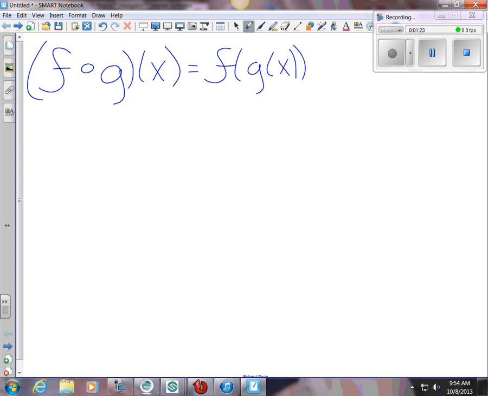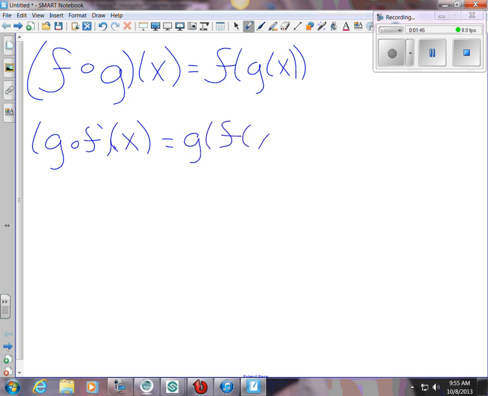So basically what this means is I'm going to take f of x and g of x and find the composition of the two functions together. Now the way it's written is important. Notice we said f first and then g, right? Would this be the same thing? No, why? That's supposed to be an x, isn't it? I got excited.